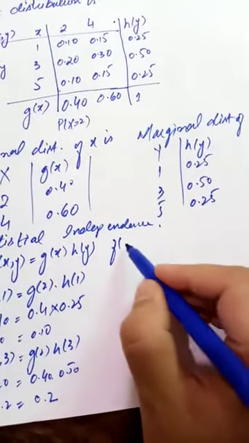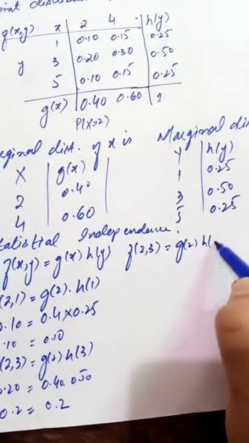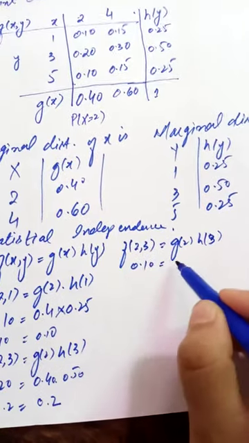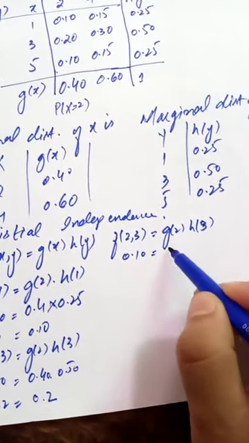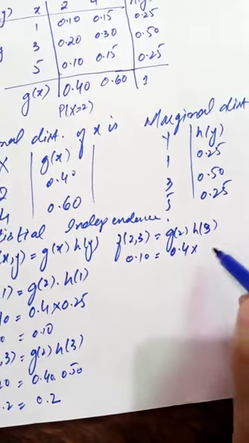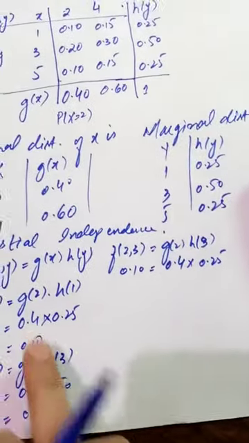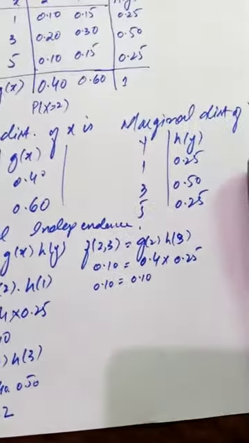Let's take the next pair, f of 2, 5. It should be g of 2 into h of 5, and it is 0.10, equal to g of 2, which is 0.4, into 0.25. We have already multiplied this. This also satisfies the condition for independence.